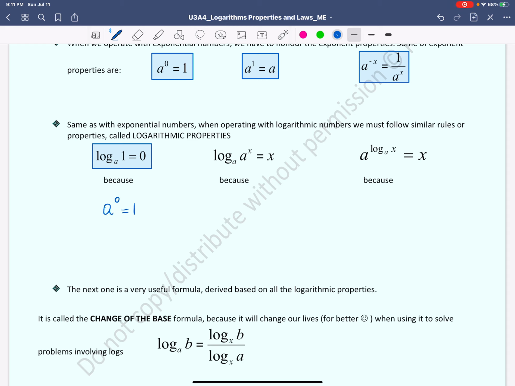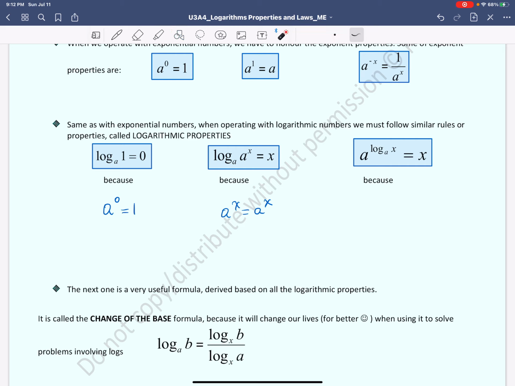Log with base a of a to the x equals x, and that's because the base a raised to the power of x is a to the x. A to the power of log with base a of x equals x.